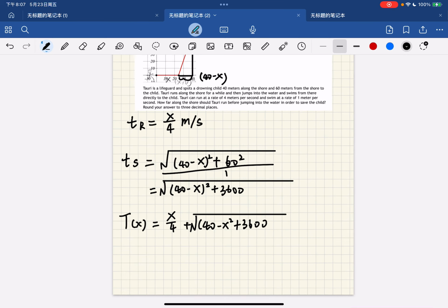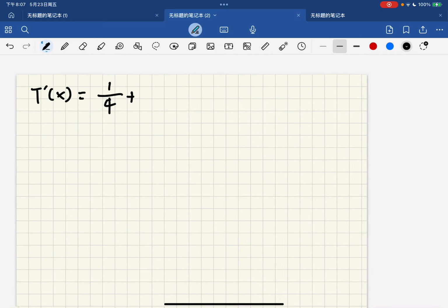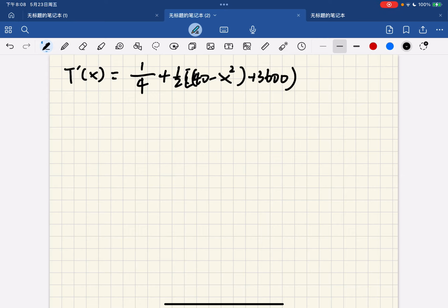So the derivative of T(x) will equal to the first part, plus the second part of the equation, where we need to use the chain rule, times the inside derivative.